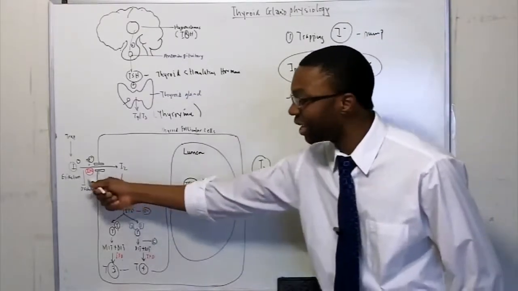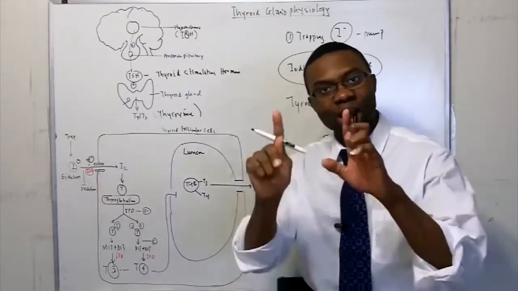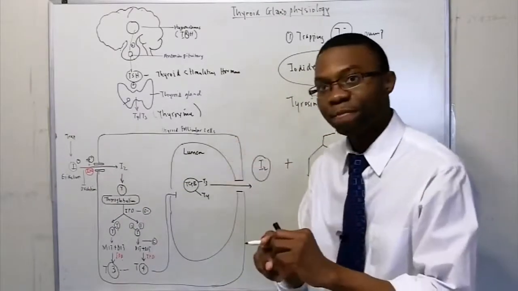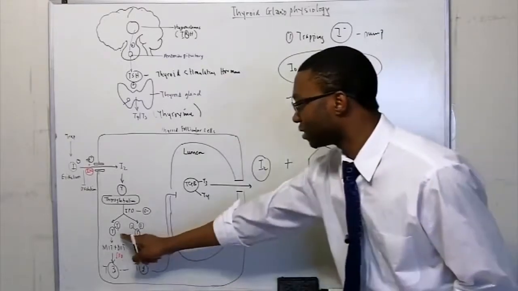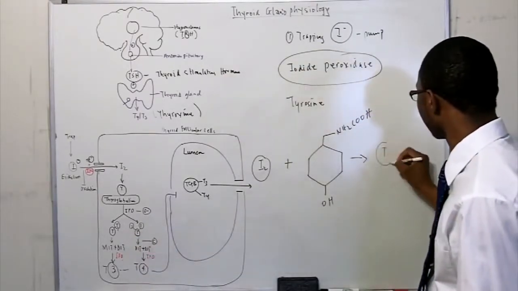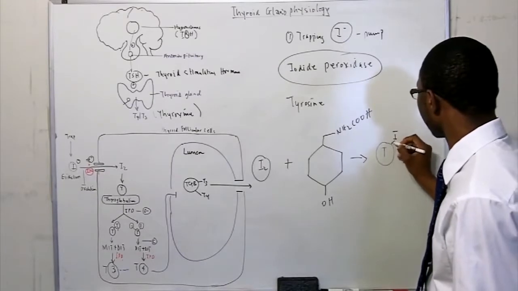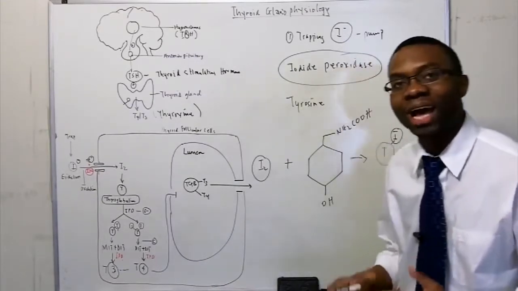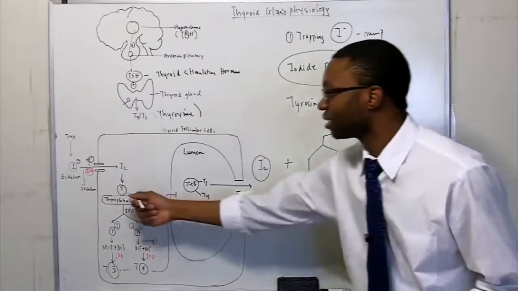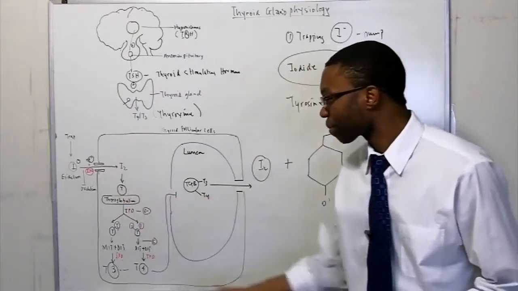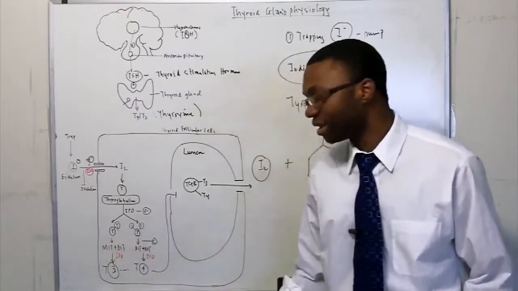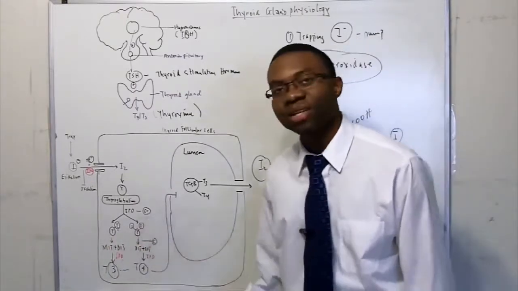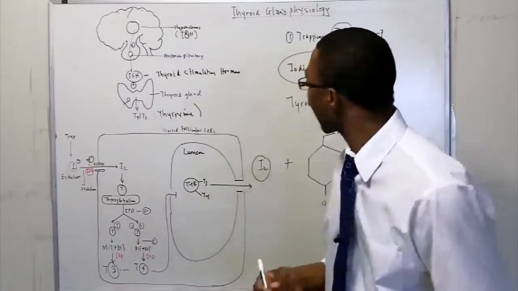The same enzyme that did the oxidation reaction of two iodine molecules coming together, right? Now, we're going to get a T1. It's not really T1, it's just an iodinated thyroxine. Can you see here how I put a little I on top of the T? That process is called organification.